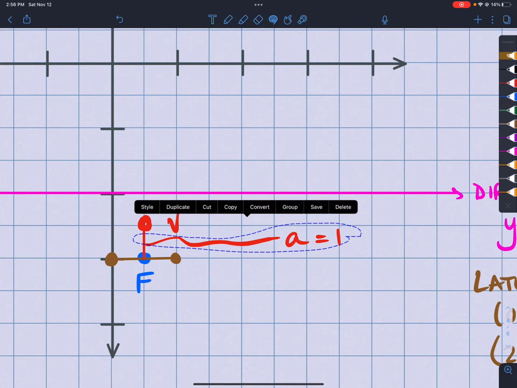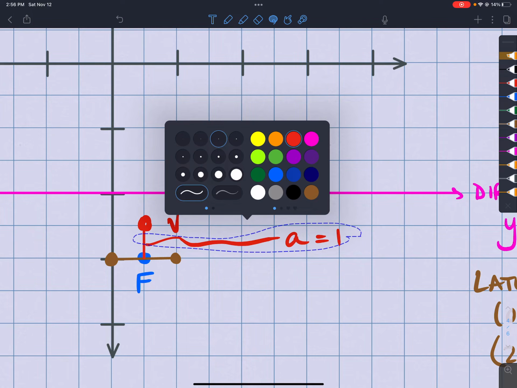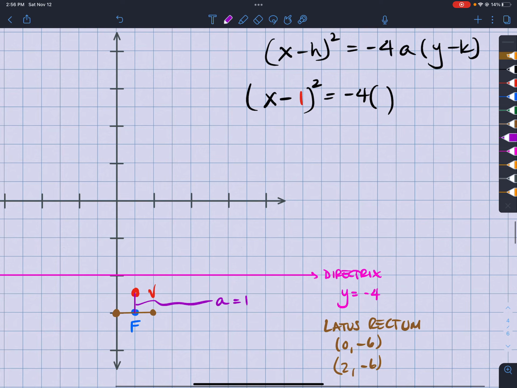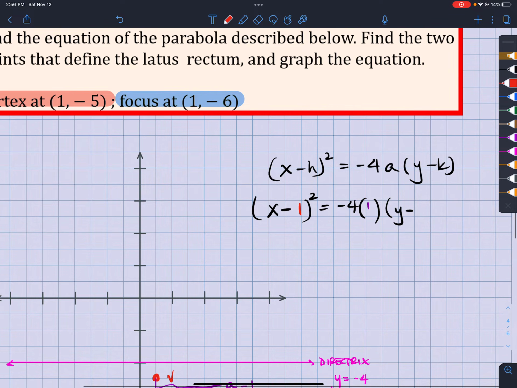So let's go ahead and use, I haven't used purple yet, so let's use the purple. Okay, so you know that the purple is coming from down here, so I'll put the purple as 1, and then the y minus a -5.